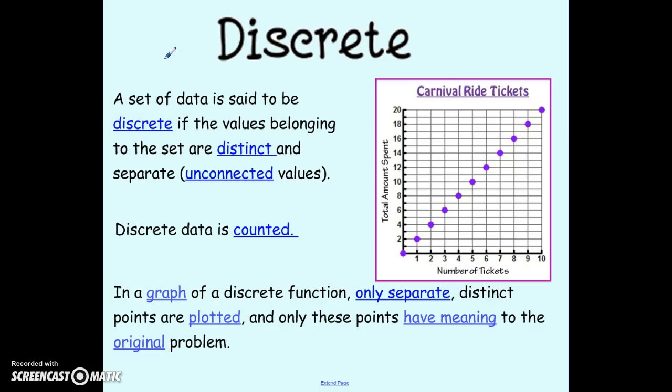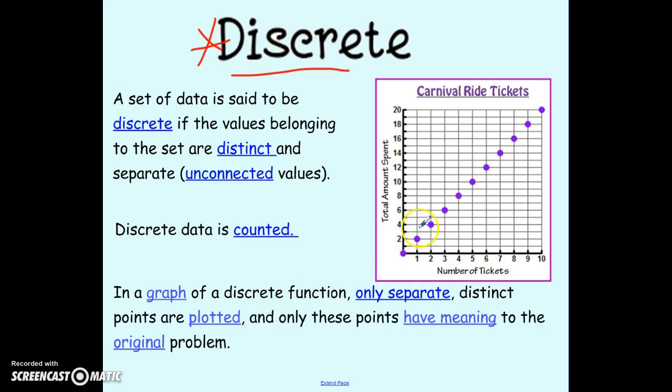And then this is kind of why it's important. It goes back to the dots versus a line, and I told you that there were vocabulary words we hadn't gotten to yet. Well, we're here now. So this is called discrete data, and you have all these blue words to fill in. And discrete data just means that the values are distinct, so they are unconnected. It's things that are counted.